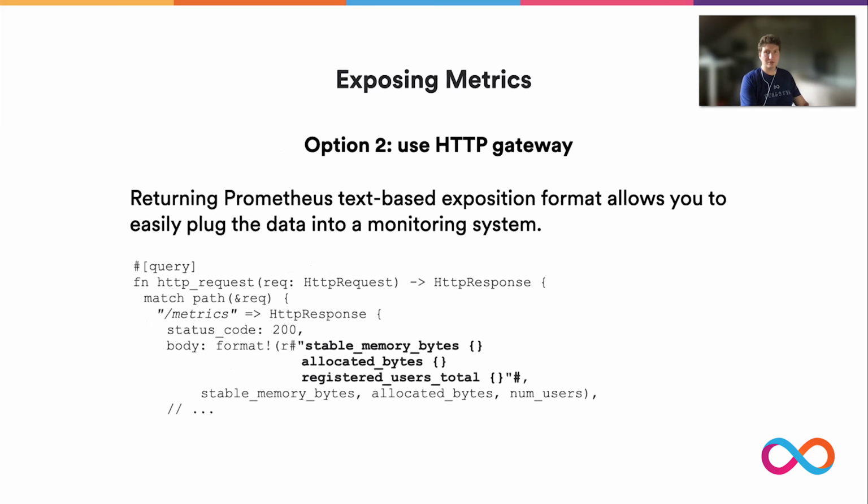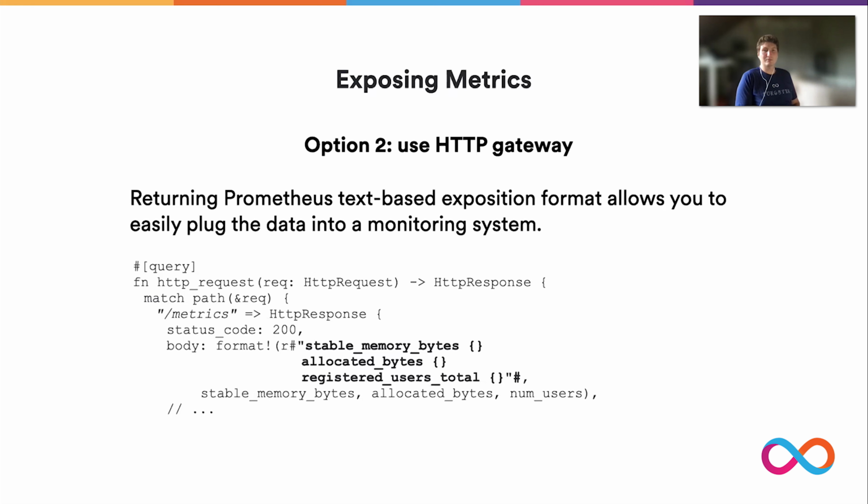The second option, which we use a lot in production, is, if you have a monitoring system, in our case Prometheus, to dump data in the format which this monitoring system expects, and just slurp it from the Prometheus service directly and query it.